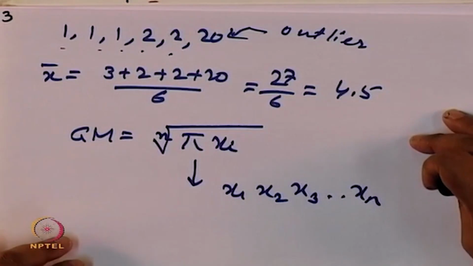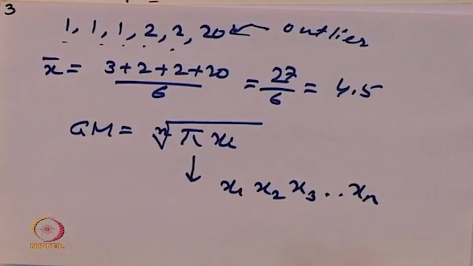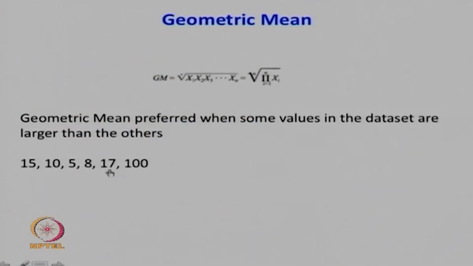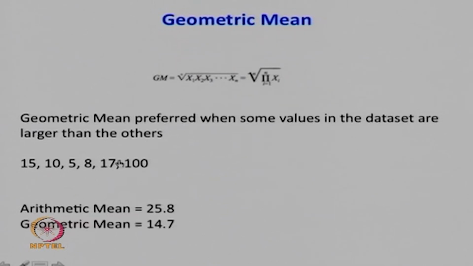Now, for the particular values that I have chosen, 15, 10, 5, 8, 17, 100, you can clearly see that most of the values lie within 17 except for this one number, which is 100. If I calculate the arithmetic mean for this sample, it turns out to be 25.8, and as with the previously discussed case, we can see that 25.8 is much bigger than the number 17. Okay. The alternative, if we calculate the geometric mean, gives me the value of 14.7, which is much closer to this population.